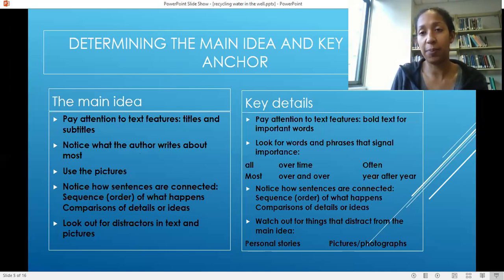I will remind them of the approaches they have used before, such as paying attention to the text features and looking for words such as overtime, must, and year after year. And so the students have a way to know which ones are the key details.